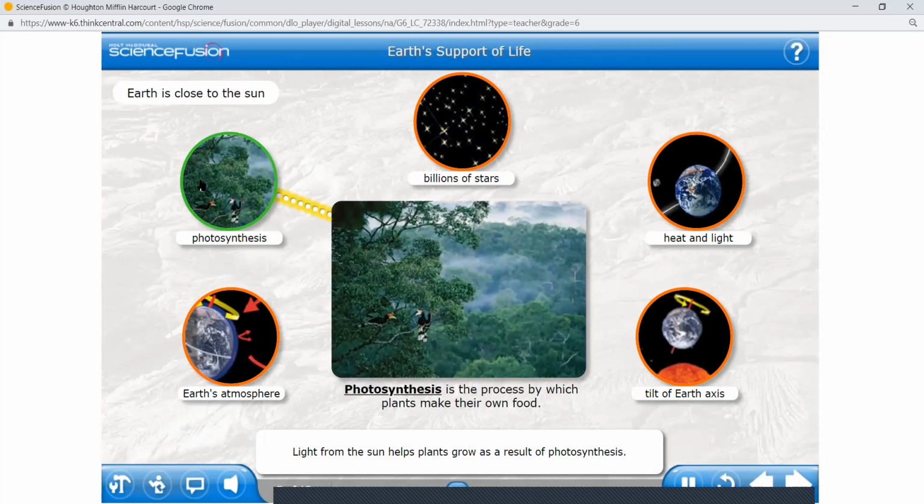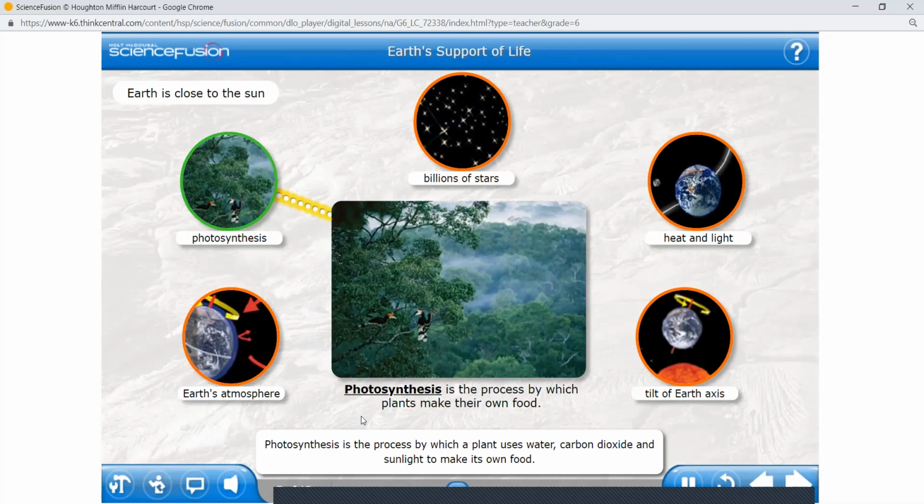Light from the Sun helps plants grow as a result of photosynthesis. Photosynthesis is the process by which a plant uses water, carbon dioxide, and sunlight to make its own food. Without sunlight, plants wouldn't exist on Earth.